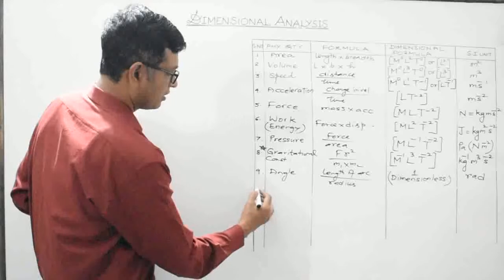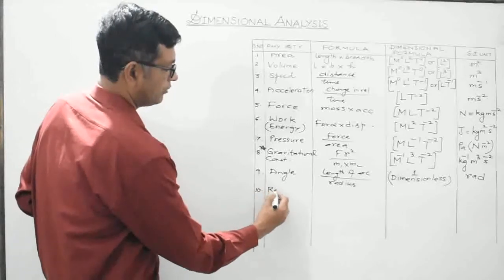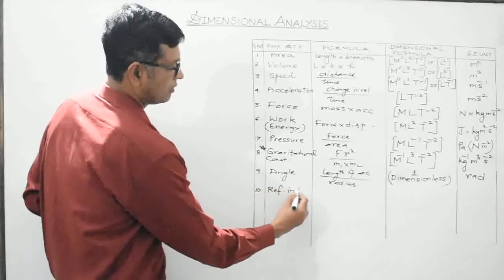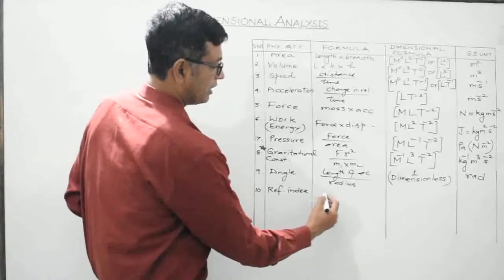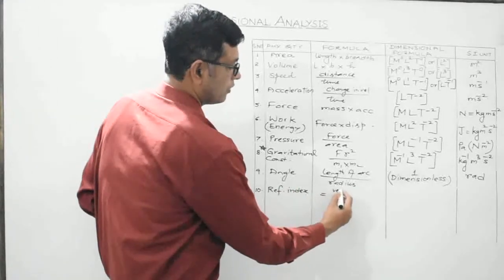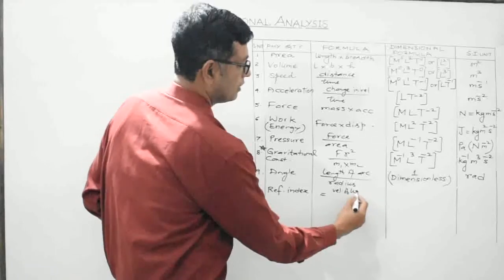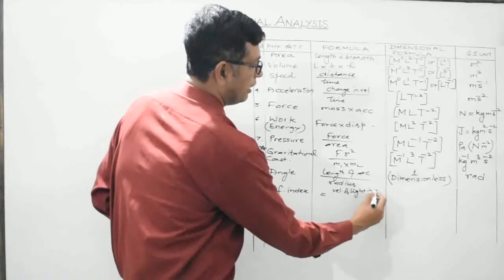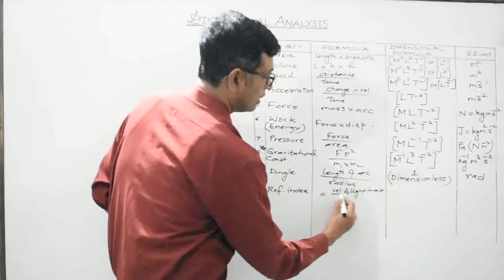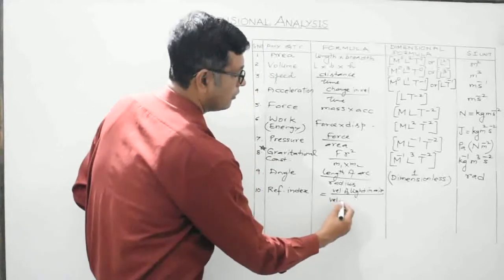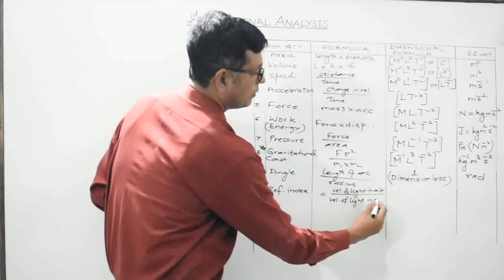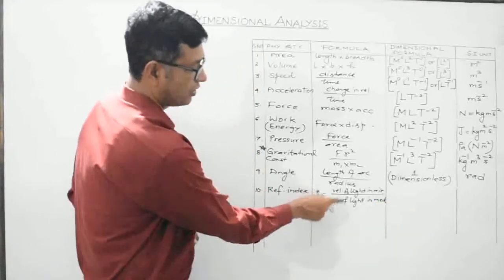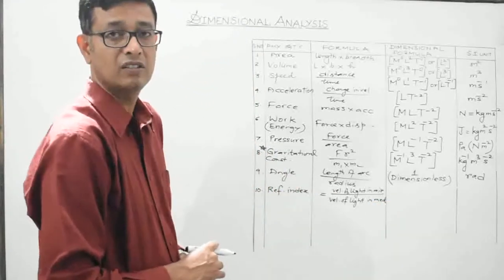Like, I'll give you another example. Refractive index. I'm sure you have done it in your junior classes. Refractive index is velocity of light in air divided by velocity of light in medium. Look, it is the ratio of two similar physical quantities.